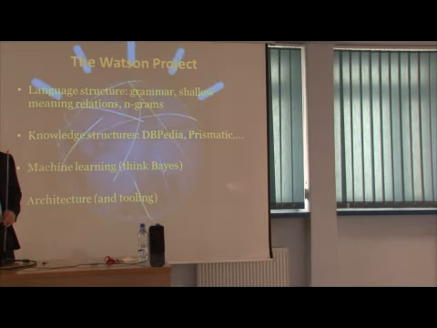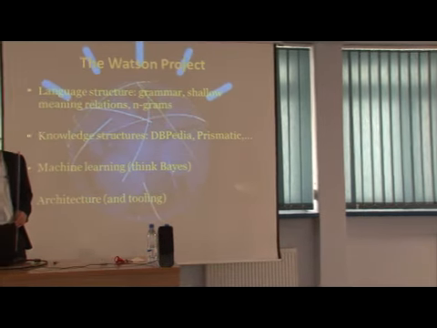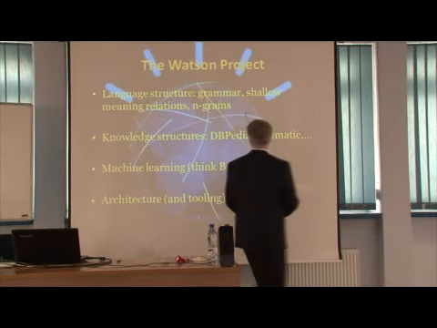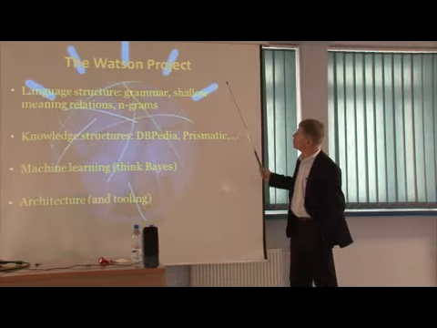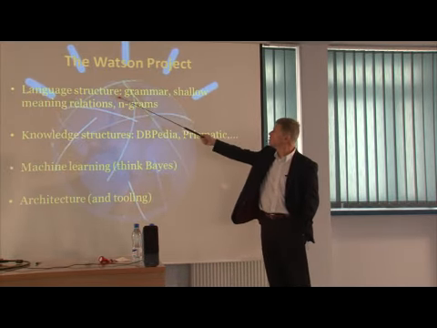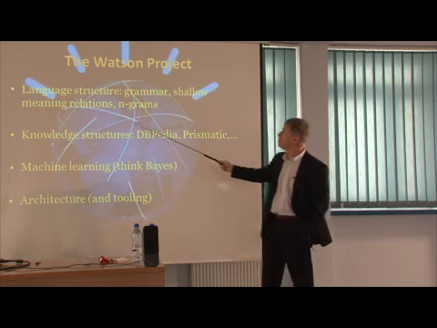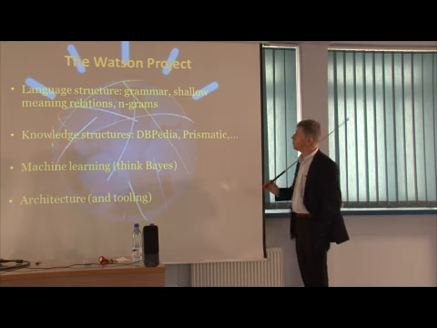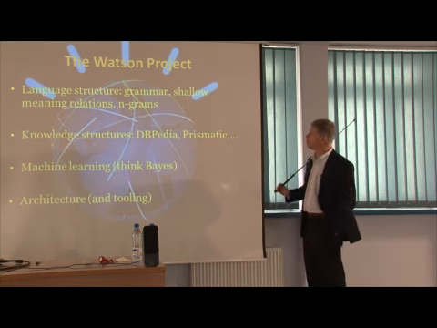All right, so to finish this part, let's talk a little bit about the Watson project. In the Watson project, we exploited language structure, that is grammar, shallow meaning relations, n-grams, which is essentially 1-gram, bigrams, trigrams, up to 5.